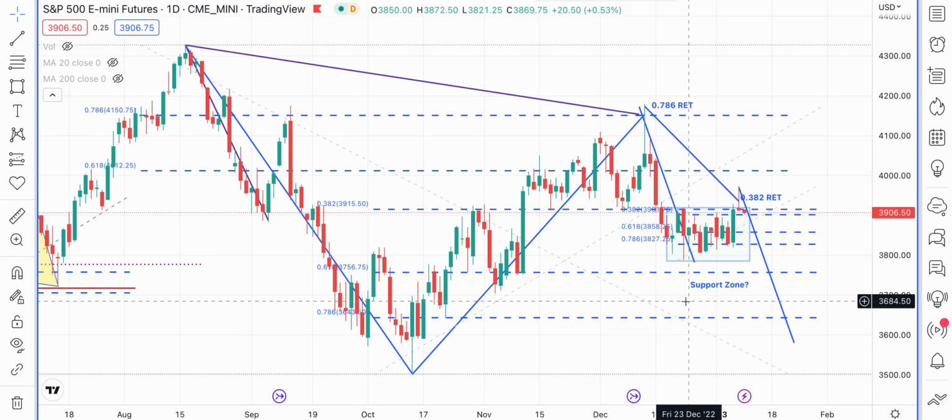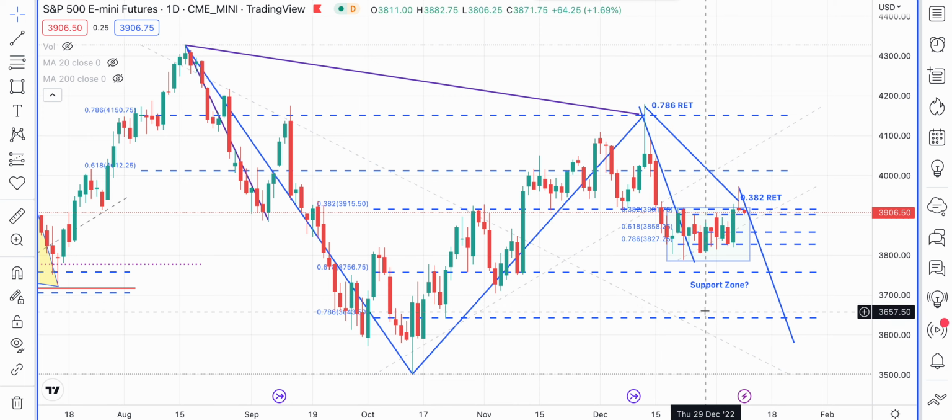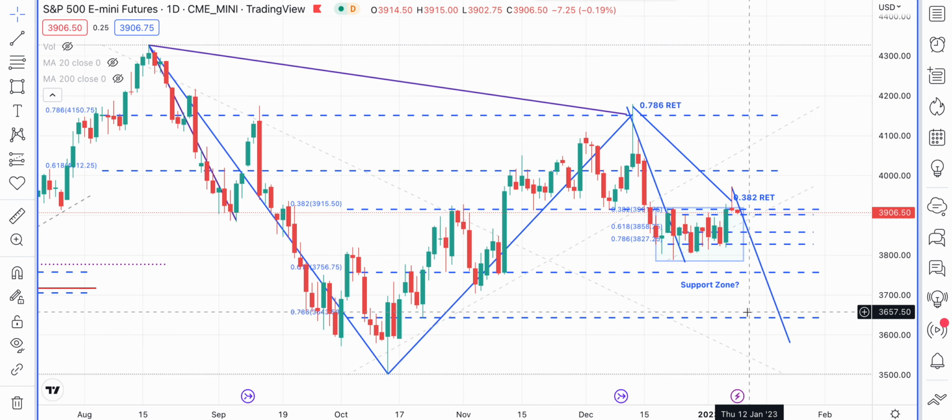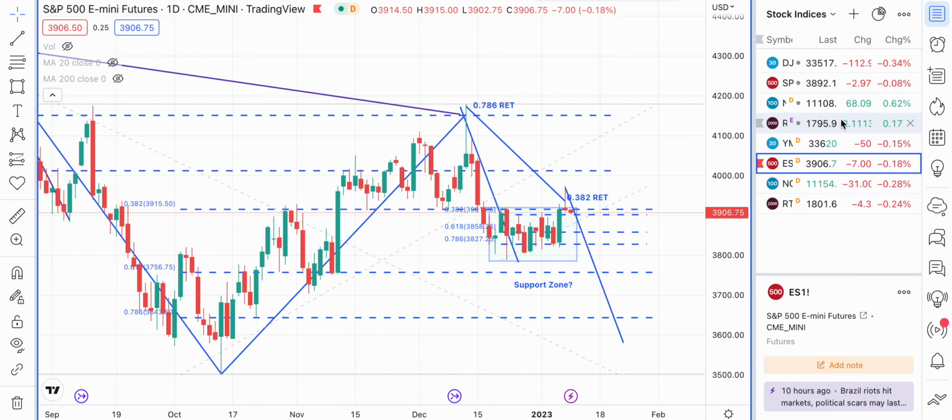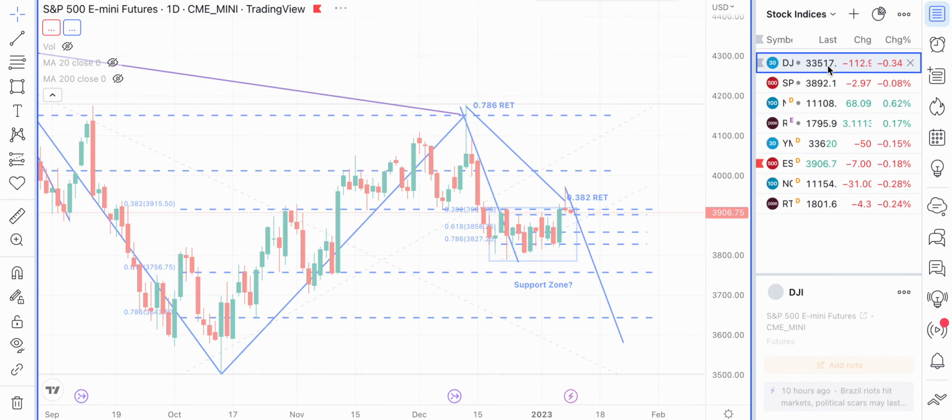So that is one possibility, and when the price gets around this area, if indeed it does, then we'll look at the price action behavior and work out what the price is likely to do next in terms of price action. So let's also take a look at some other indices.